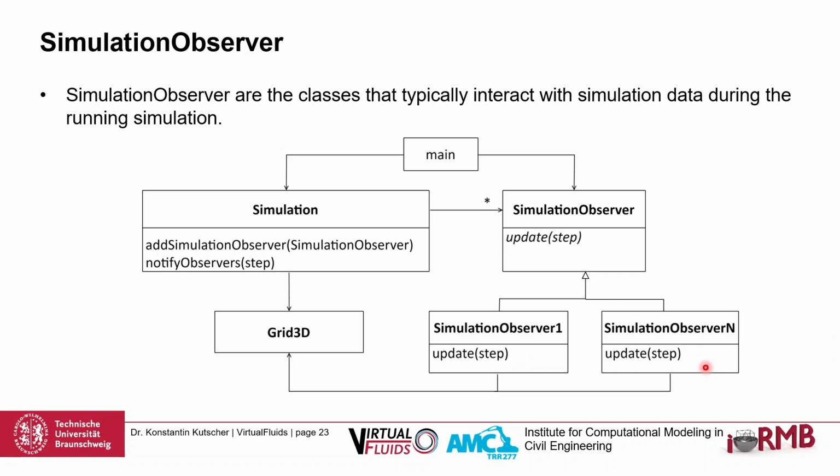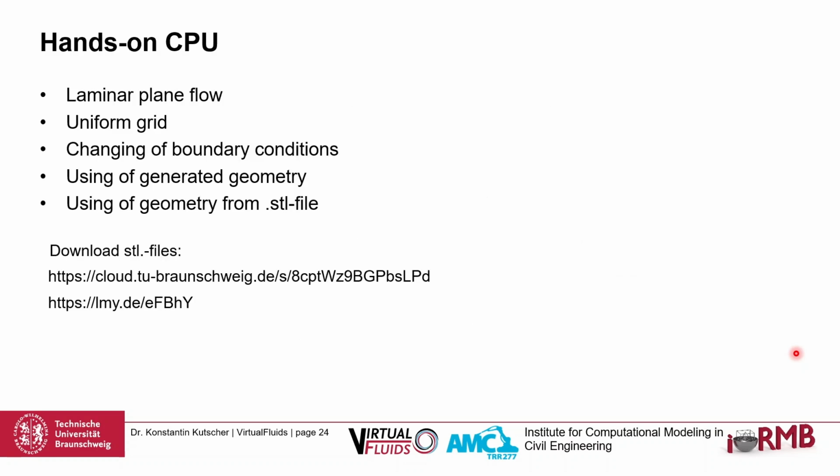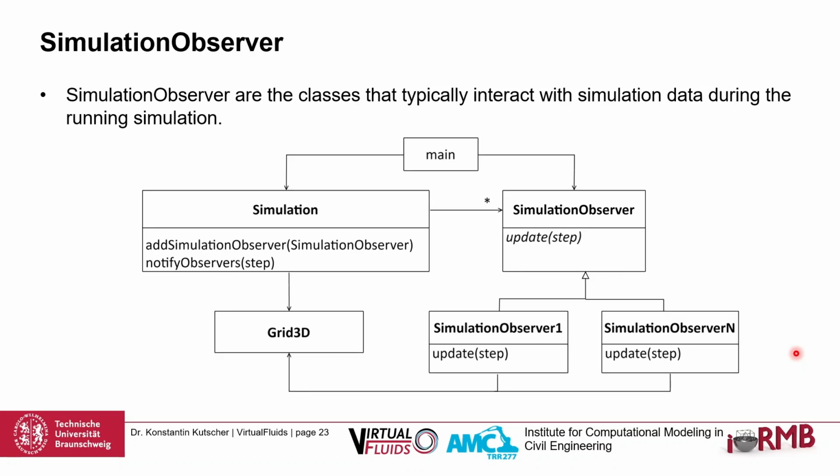If you need a new implementation or something we want to do with the grid during the simulation, get some information or change something, you easily write a simulation observer, which gives you this opportunity. And I think that's it. I think I'm good on time.